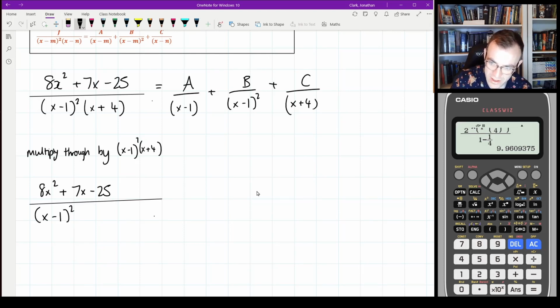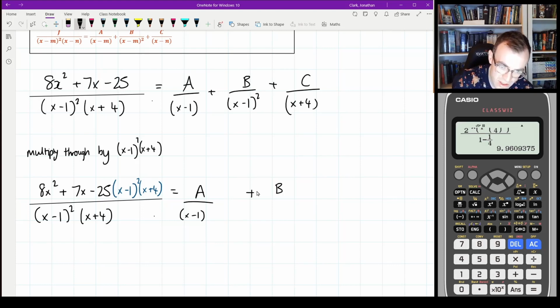Oh, that fraction bar is a little bit on the wonk. Never mind, so let's multiply by this, top and bottom. Actually, let's write it out first, and then I'll include that extra bit. Okay, so let's multiply each term by that.